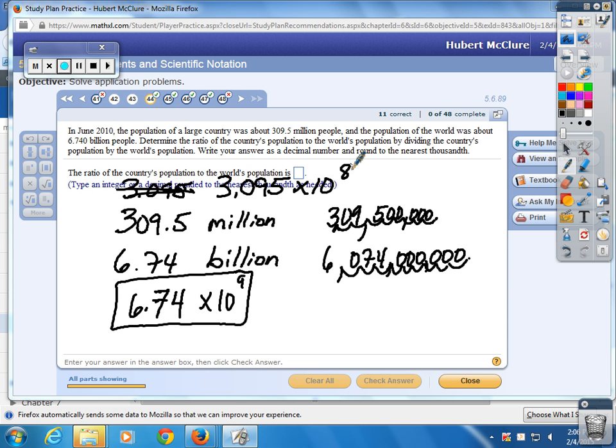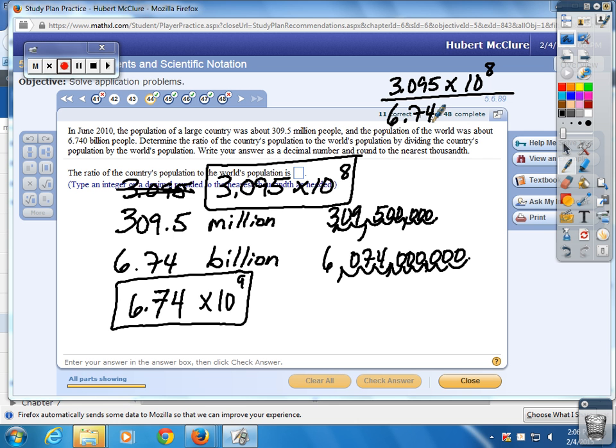All right. So there's that, and there's that. Now we just put it over itself. 3.095 times 10 to the 8 divided by 6.74, and yes, you use your calculators for this unless you're Rain Man, times 10 to the 9th, and that's going to give you blank times 10.